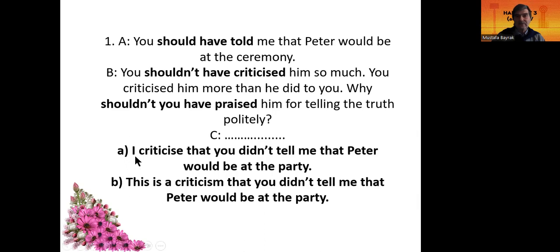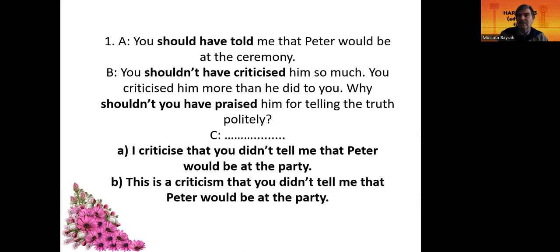A, for example, this is an alternative way of it, a normal way, and an explanation of them, in fact. You should have told me means I criticize that you didn't tell me that Peter would be at the party. This is the explanation of this sentence.